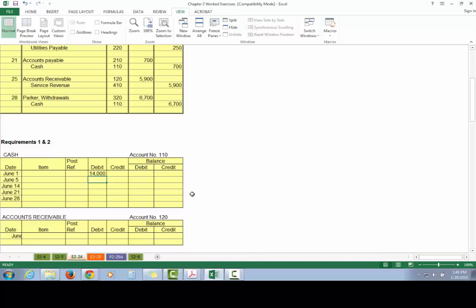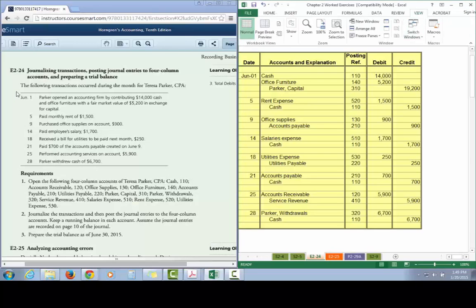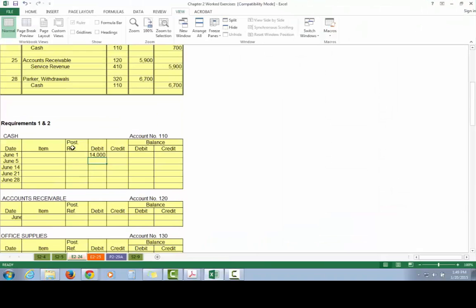Okay. Now in this example, they just have journal entry 10 because it says on the problem that this was for June. It says assume the journal entries are recorded on page 10 of the journal. So in this reference down here on the bottom, they're putting in what page number of the journal it's listed on. Okay.